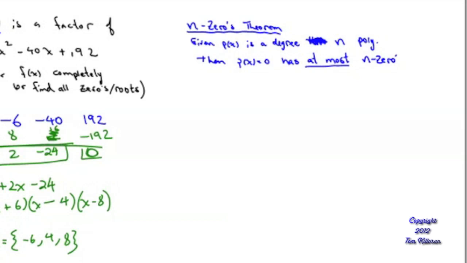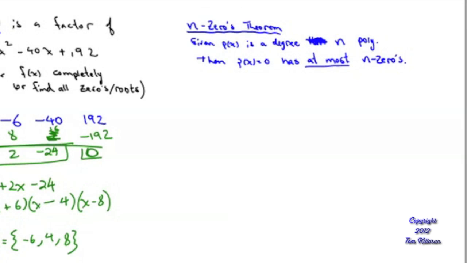If P of X is a degree n, n could be any number that you choose. Basically what I'm looking for here is x-intercepts, P of X is equal to 0. If I have this equation, it has at most n solutions, n zeros.